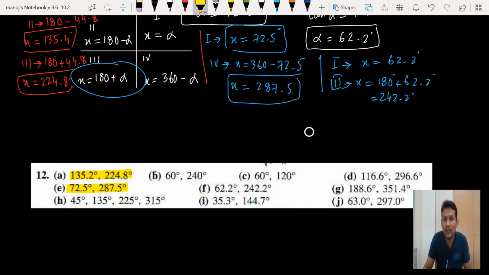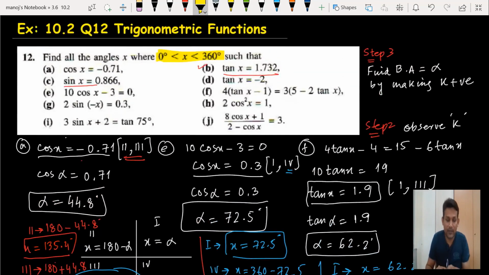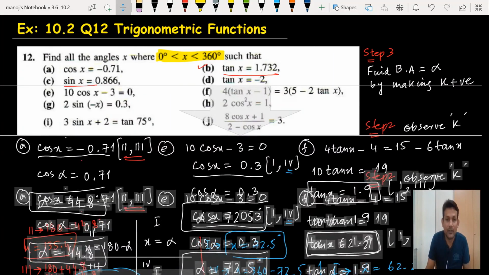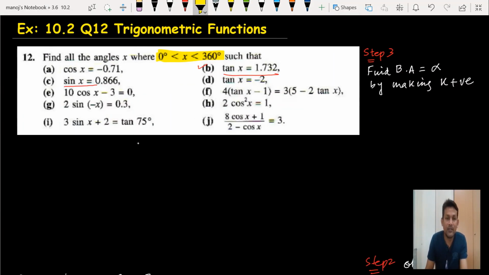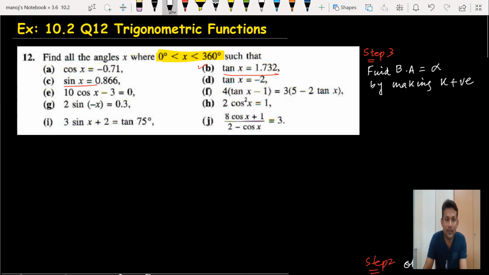Say right answer, and this part is 242 and 62. So we did right. Question number H is very important. This is the basic backbone of the trigonometric functions.